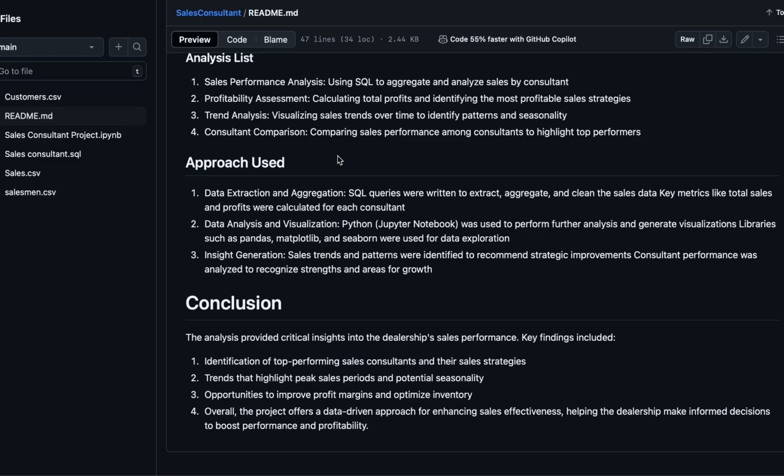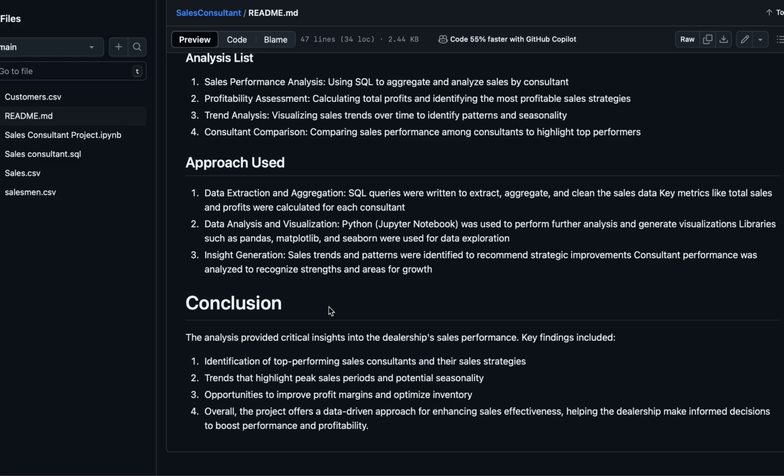Third, we're going to have some insight generation regarding sales trends and patterns that were identified to recommend strategic improvements. Consultant performance was analyzed to recognize strengths and areas of growth. And in conclusion, the critical insights into the dealership sales performance, the key findings that we found were the identification of top performing sales consultants and their sales strategies, the trends that highlight peak sales periods and potential seasonality.